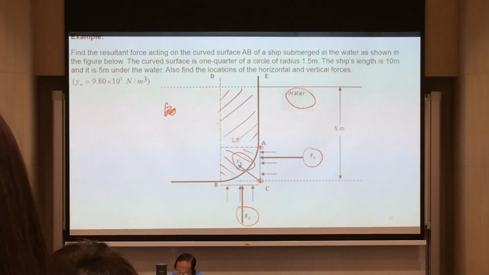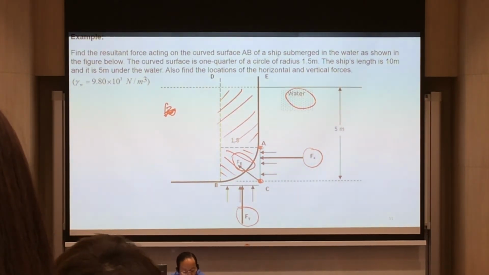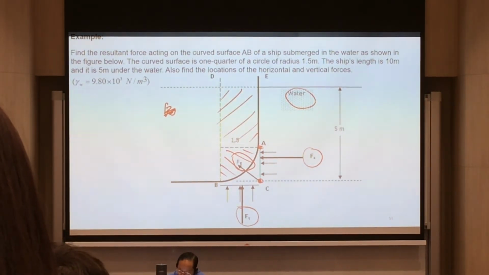This is a quarter of a circle, you know what it is. For the rectangular one, the volume is simply the height H, which is already out there. And what's the cross-sectional area? Simply 3.5 times 1.5.